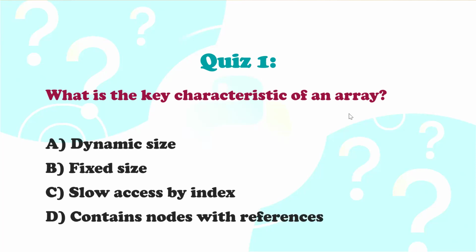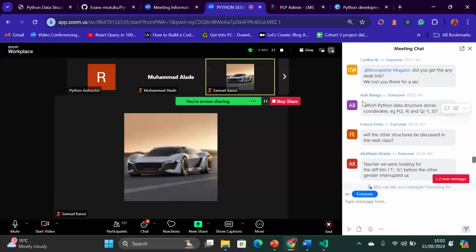An array has dynamic size, fixed size, slow access by index, or contains node with 3 references. A, B, C, D. Which one is the correct answer? Key characteristics of an array.